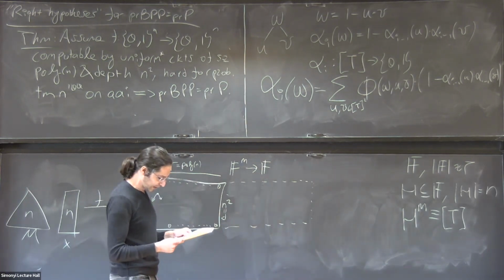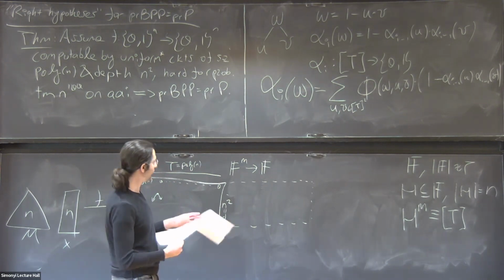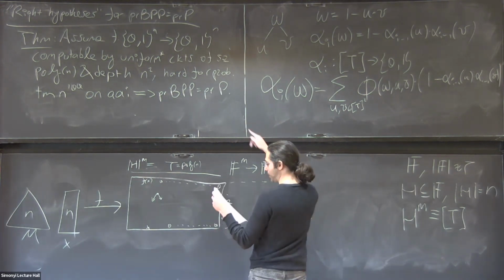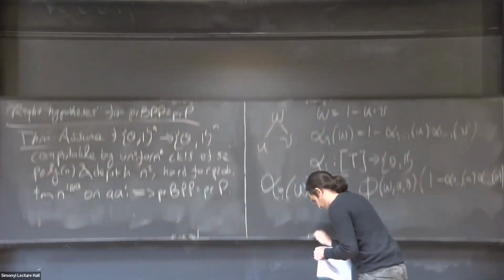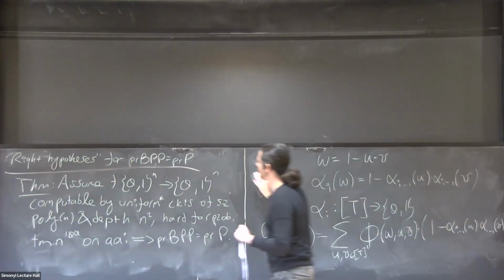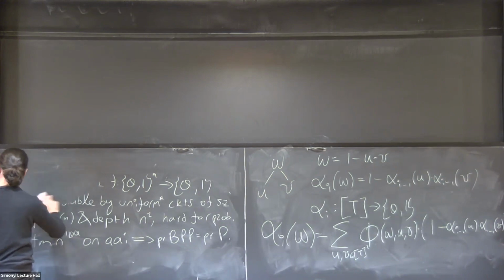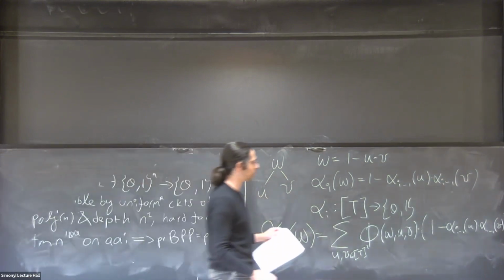And now I'm going to say, actually, this was just hand wavy, right? Now I'm going to say how exactly we arithmetize. Should I write it down again? Because I already wrote it down.